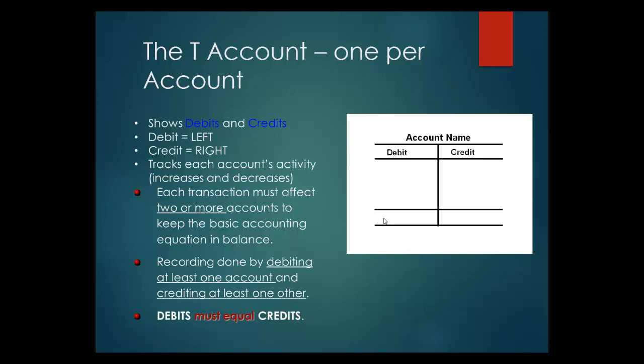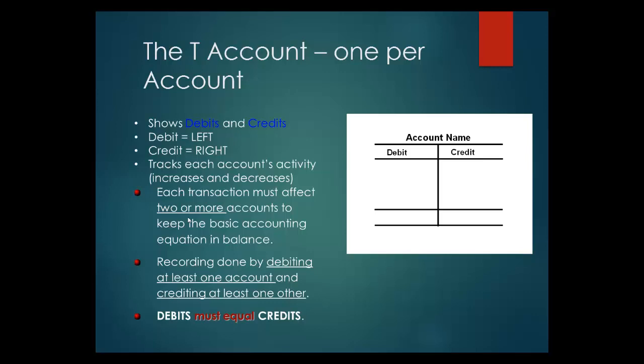We did that in the worksheet, but in 10 transactions, we filled up a whole page, and we have lots of transactions. So the T accounts actually work better for us. So each transaction must affect two or more accounts. So you're going to see a journal entry in a minute.